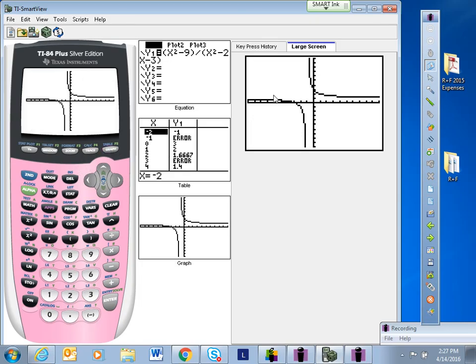Here it is. It looks like our graph, right? Now, what if we had forgotten about that point of discontinuity at 3, and we had said that was an asymptote at x equals 3, and you had it drawn on your paper, and then you graphed it? Please tell me when you looked at this graph, you would have said, whoa, wait, I got a problem, right? Because there is no vertical asymptote at 3, okay?